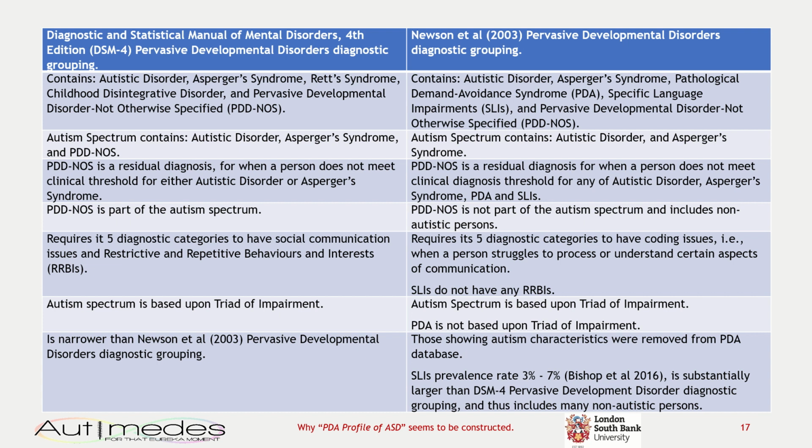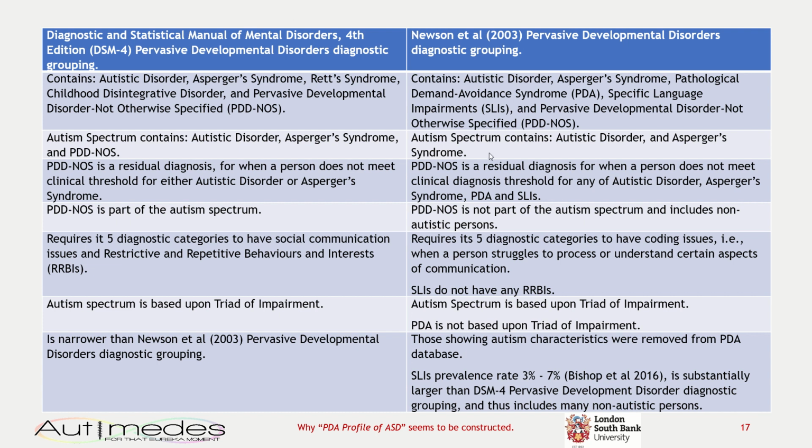This is standard because the DSM, going back for decades, has had residual categories for when people do not meet threshold for other categories. This is because the American Psychiatric Association accepts that people do not fit well into boxes, so they need residual categories to hoover up people who don't meet threshold for other categories.